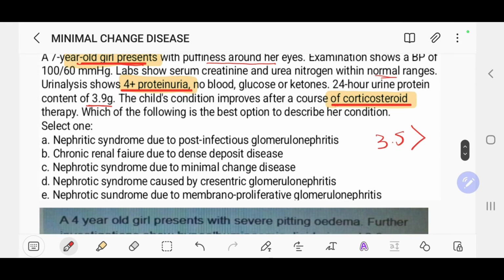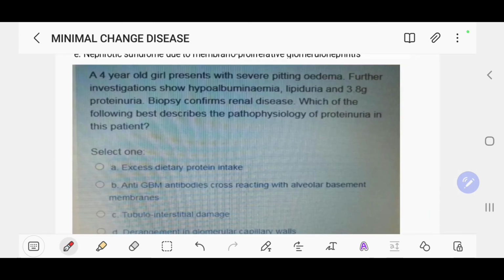So what will be the option? The right option is nephrotic syndrome due to minimal change disease. Pretty easy.